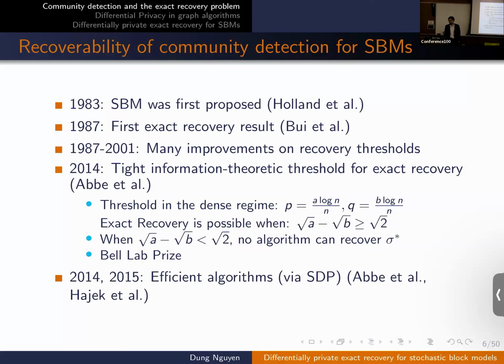For the lower bound, I forget exactly how they did it, but I think they encode the SBM as a communication channel, and they prove that the capacity of the channel cannot encode the number of edges when the condition square root of a minus square root of b is smaller than square root of 2. That reaches the maximum capacity of the communication channel.